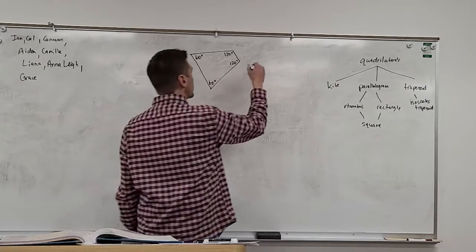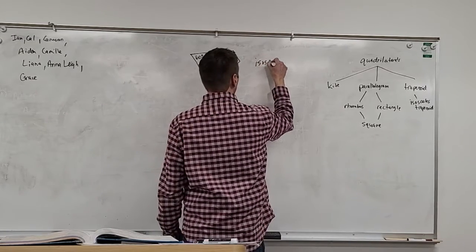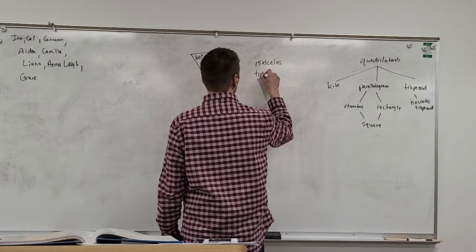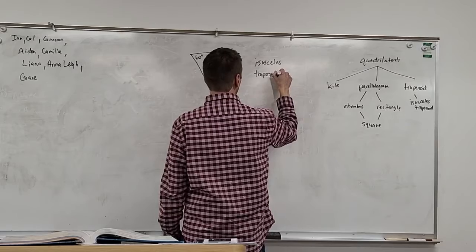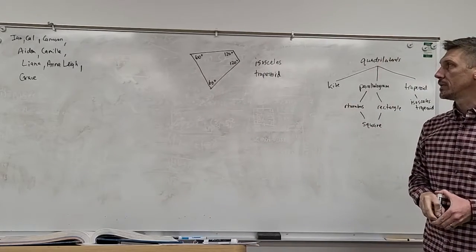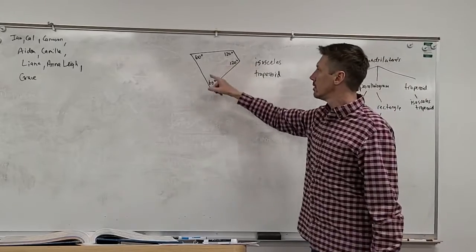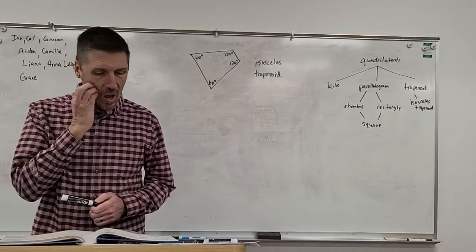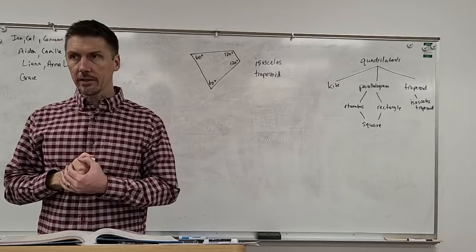So if I gave you this figure here and I said, label the name of that figure, you would say this was an isosceles trapezoid, right? Because the base angles are the same for those. All right? Does that make sense to everybody?